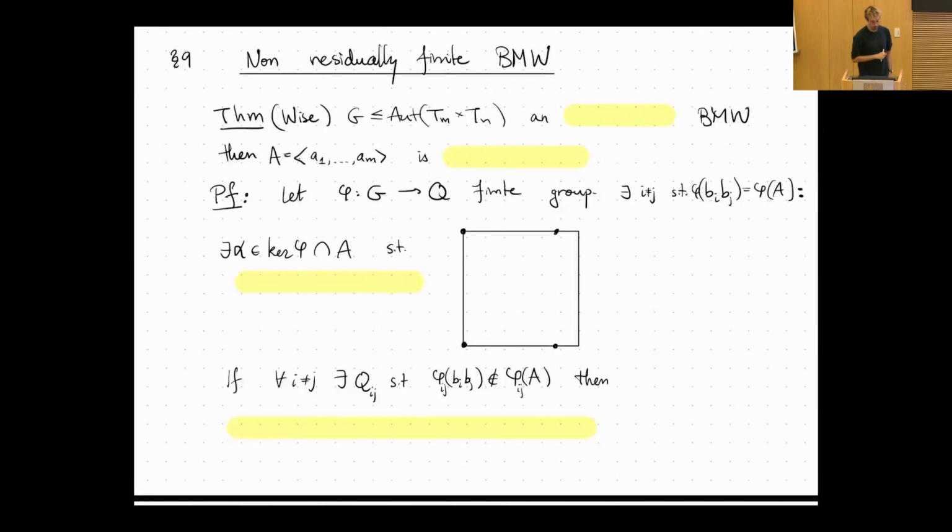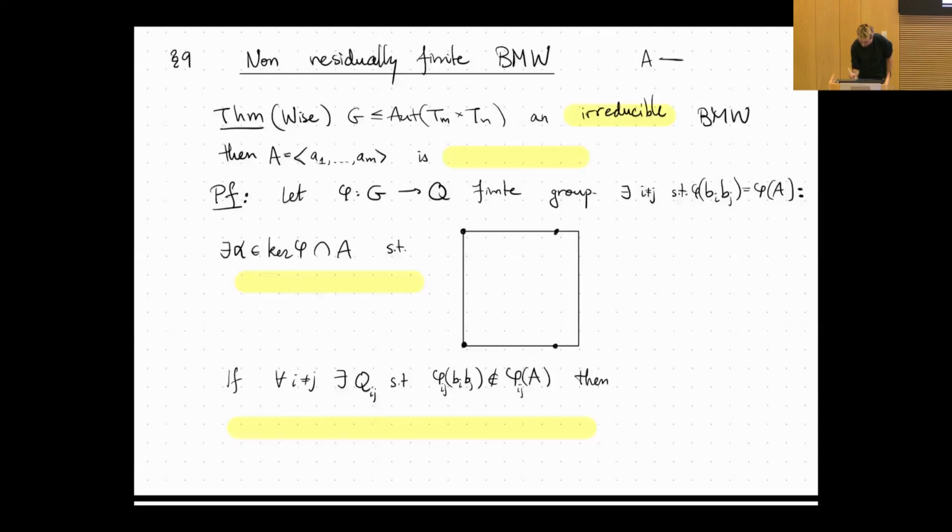Okay, good. So let's use it to build non-residually finite BMWs, following Danny's PhD thesis. So I have a BMW, and let me assume that it's irreducible. Irreducible means, let's just take the definition that would be convenient to us: if you look at the action of the group A, generated by A1 up to AM, on the tree Tn, it has an infinite image.